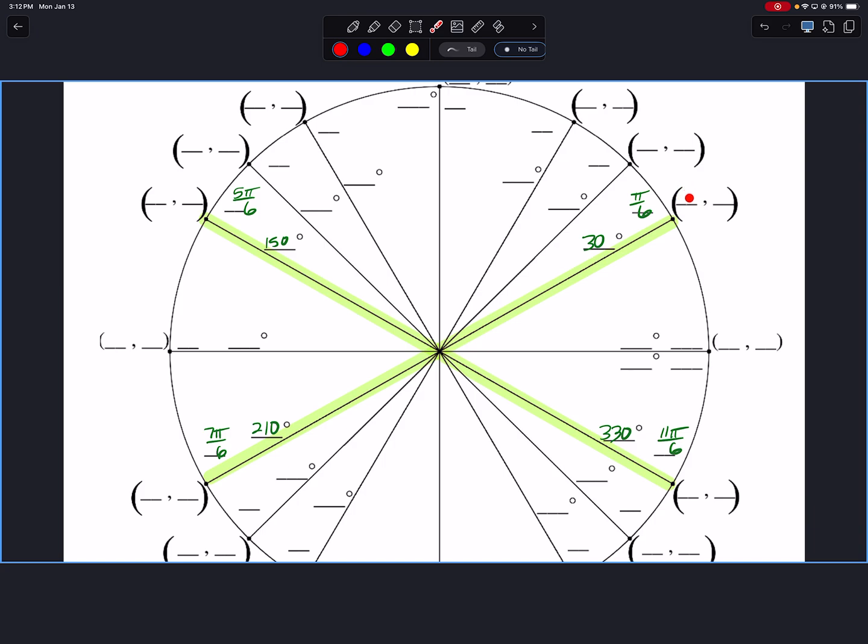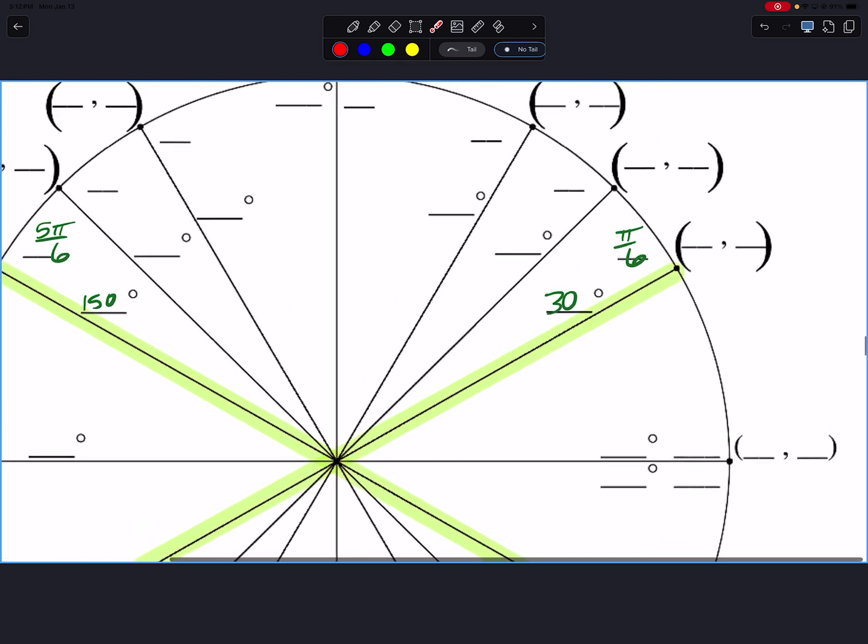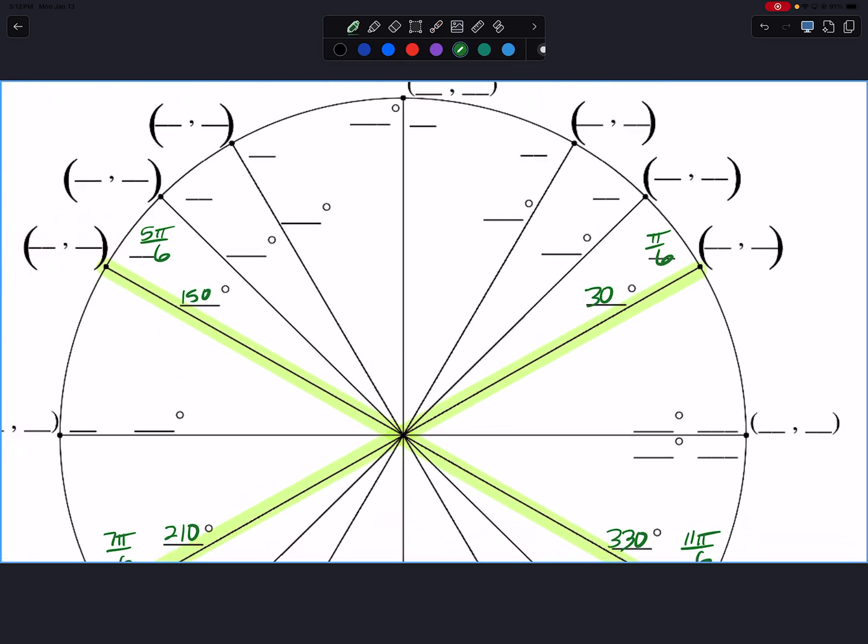Cosine, right? So cosine of 30 degrees is square root of 3 over 2. And the sine of 30 degrees is 1/2. I want to do the same thing on the outside. What is the tangent? Square root 3 over 3.